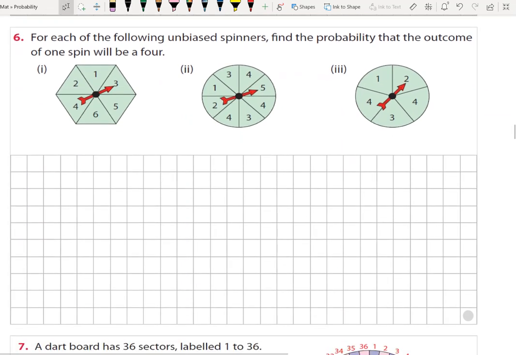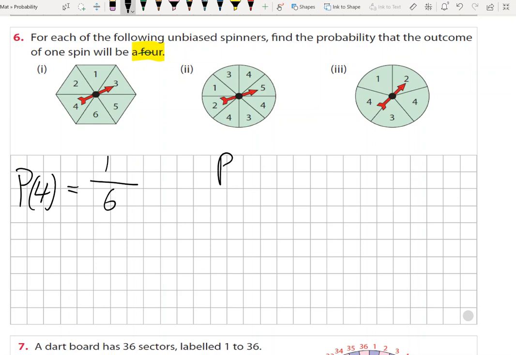6 I'll do now quickly. So we're looking for the outcome of 4. So mathematically I'll write that as the probability of 4 in the first is 1 over 6.